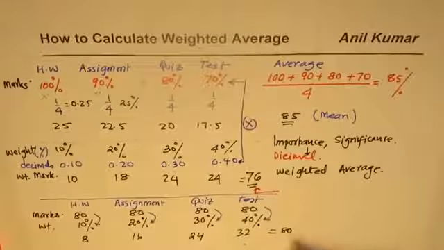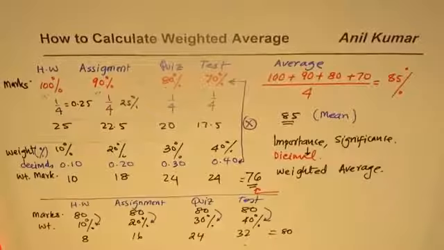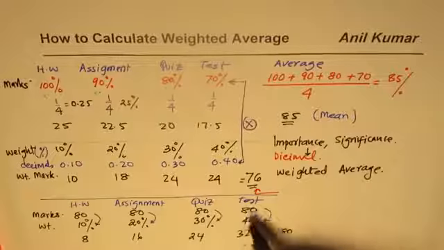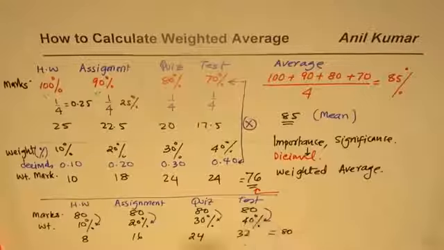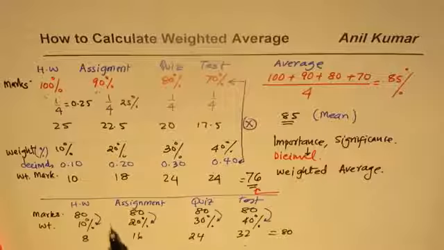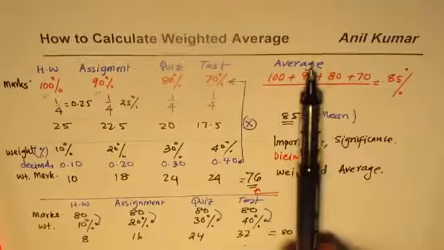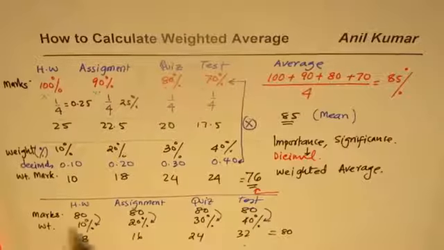So we get a number which is still 80. So if you get the same marks, the weighted average is the same. Therefore, the percent remains the same. So in this particular case, the weighted average becomes similar to the mean, the average, correct? Because the marks were the same. Do you get an idea?